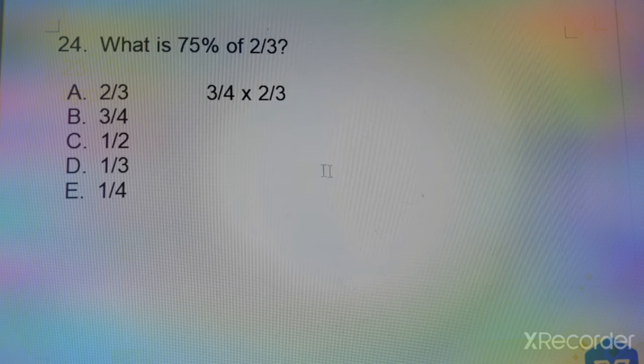This is multiplication of fractions. So multiply numerator by numerator: 3 times 2 equals 6. Then denominator by denominator: 4 times 3 equals 12. So 6 over 12 equals 1/2. So our answer is letter C, 1/2.